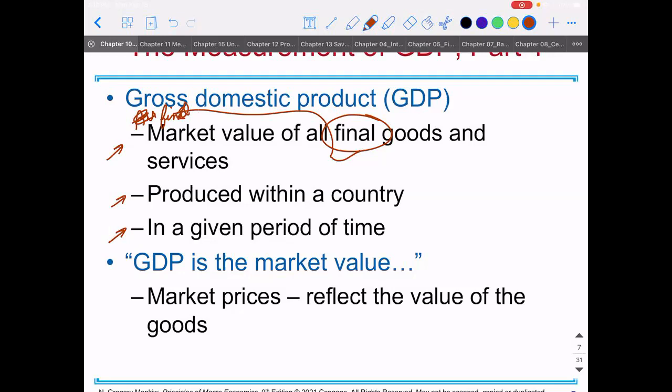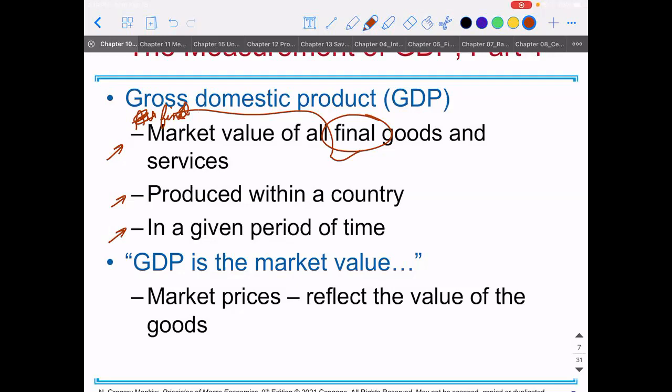How does that emerge? Well, one example we're going to see here very shortly is that General Motors or Toyota, when it makes a car, buys tires. And it puts those tires on the new car that you then buy. But at the same time, when you then buy that car, we're not going to count the tires again.